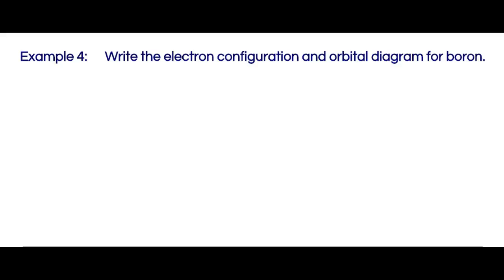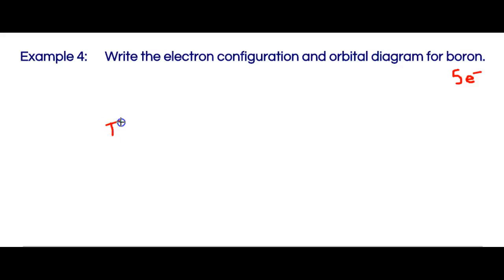And so if I were asking you to write the electron configuration and orbital diagram for boron, if we look on the periodic table, we know that we're looking at an atom that has 5 electrons. So let's see how that works itself out. 5 electrons in total for boron.